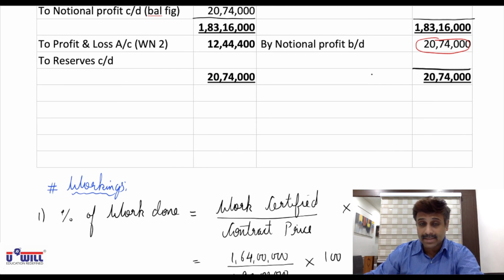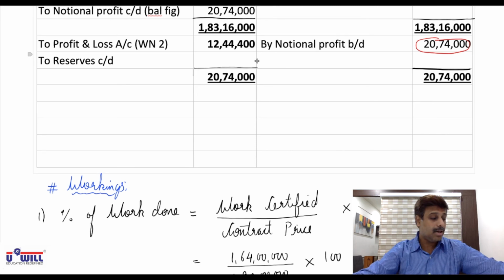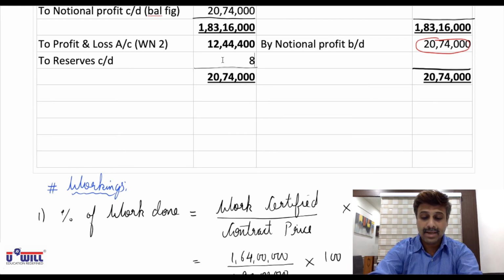From that, you minus 12 lakh 44,400. Do it in calculators: 20 lakh 74,000 minus 12 lakh 44,400 comes to 8 lakh 29,600. That amount will be transferred to reserves.